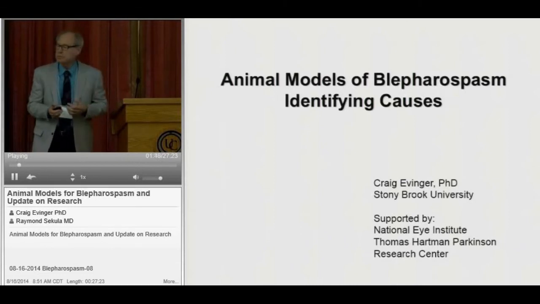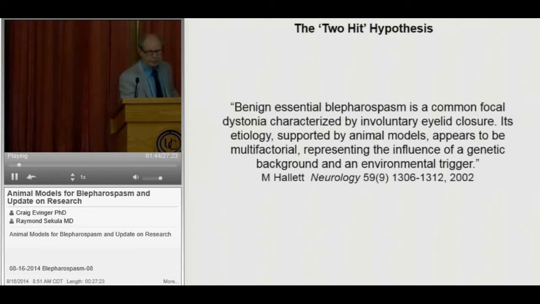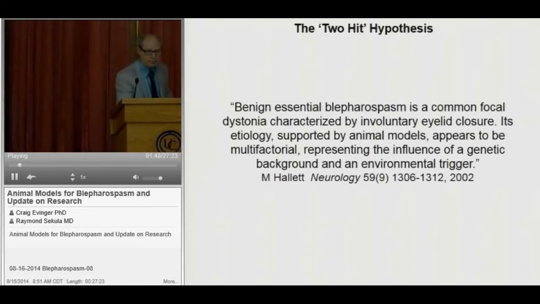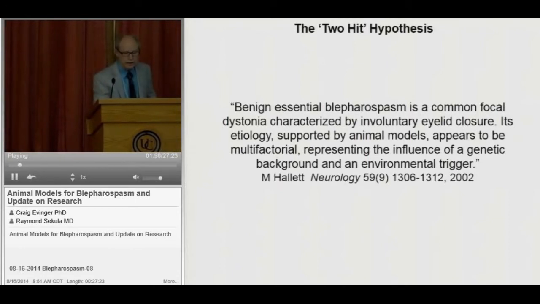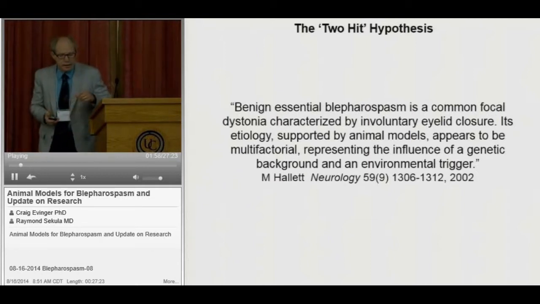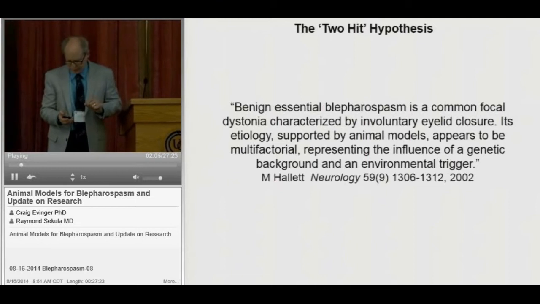So let's talk about what we know from the human studies. And this is much of what Dr. Hallett talked about. He was talking about the phenotype, the spasms of lid closure, and the influence of genetic background, which was the G, and the environmental trigger, which is the M. And so I want to talk to you today about those two possible mechanisms.